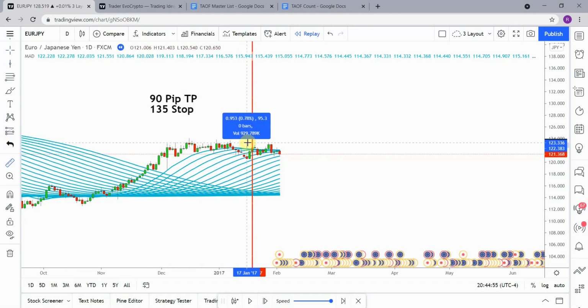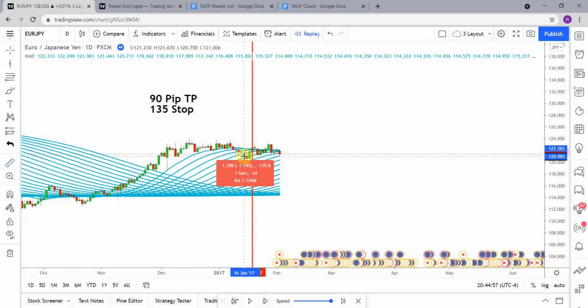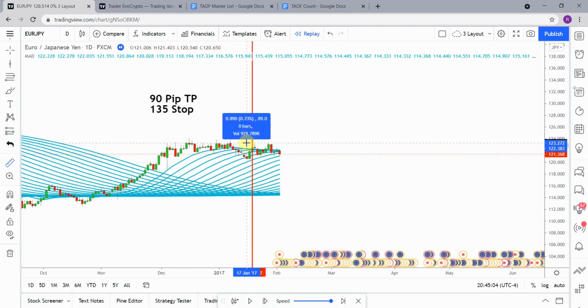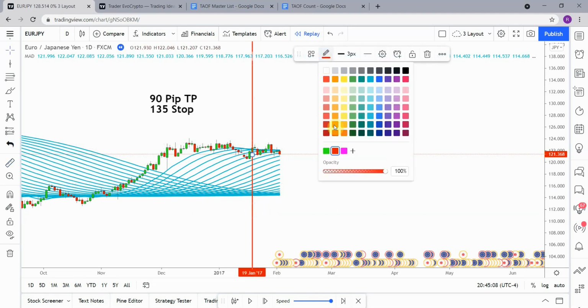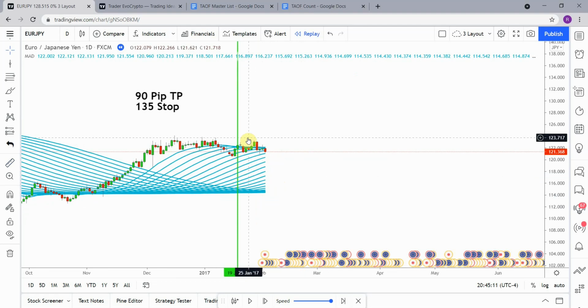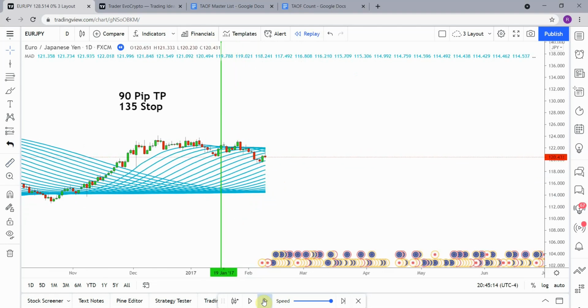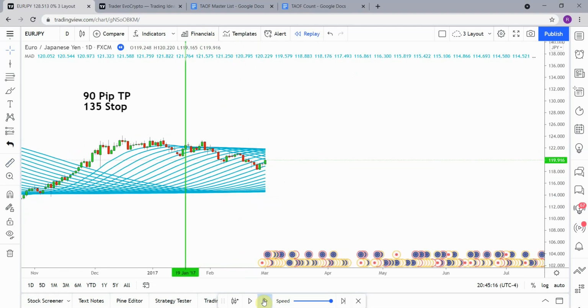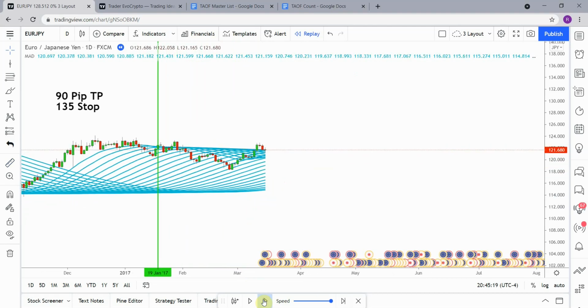Let's measure this out and see what we got here. So it looks like it just barely stays within the stop and just barely gets to take profit there, and then starts to pull back down.